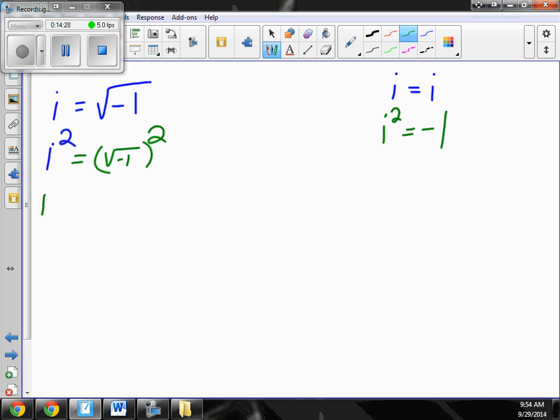Okay, well, let's look at i to the third. I'm going to write this out in one line. Root negative 1, root negative 1, root negative 1. What do these equal? Negative 1 times i. The third is negative i.